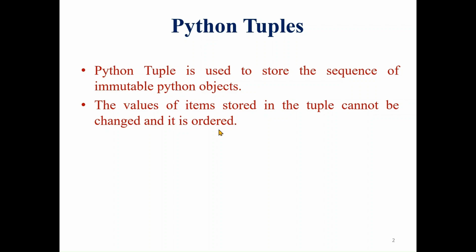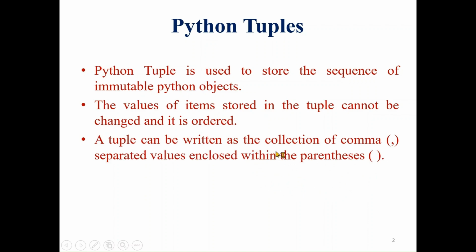Suppose I give 1, 2, 3, 4, 5 to a set or a dictionary, it might come out as 3, 2, 1, 4, 5. That is called unordered. But here the tuple is ordered, which means the same order in which you define the elements is the order you get in the output.